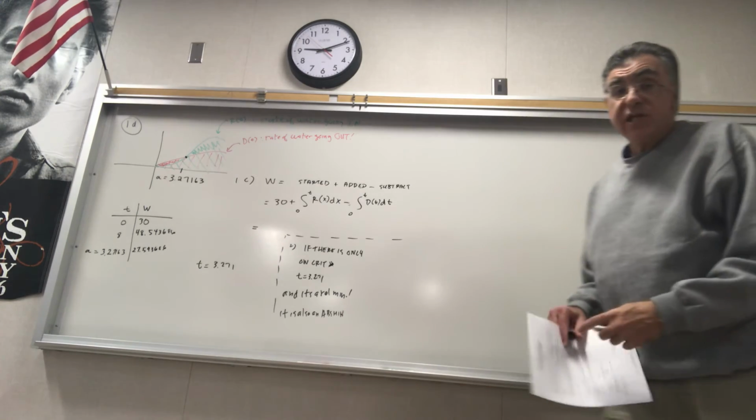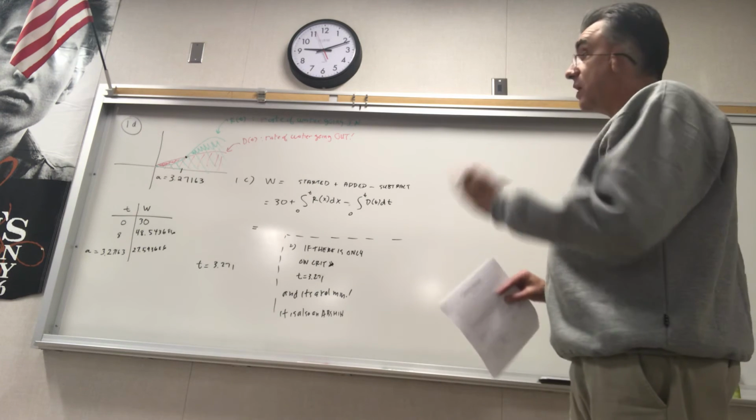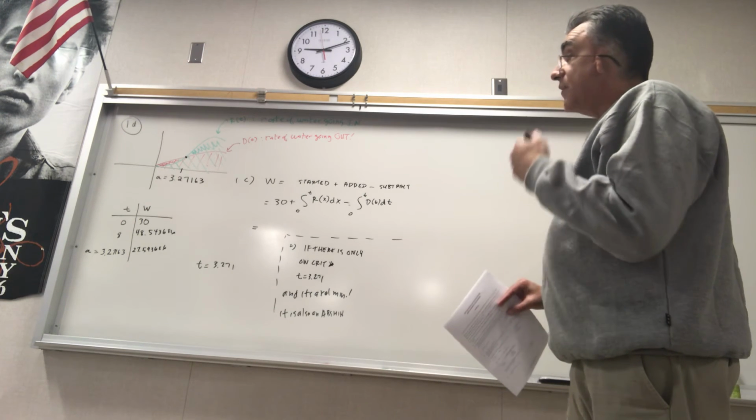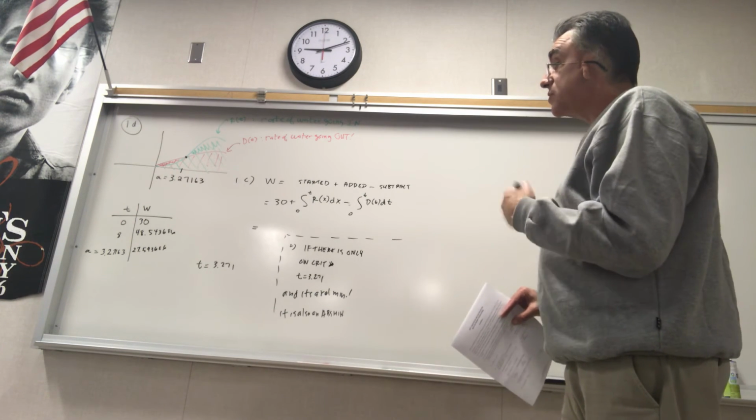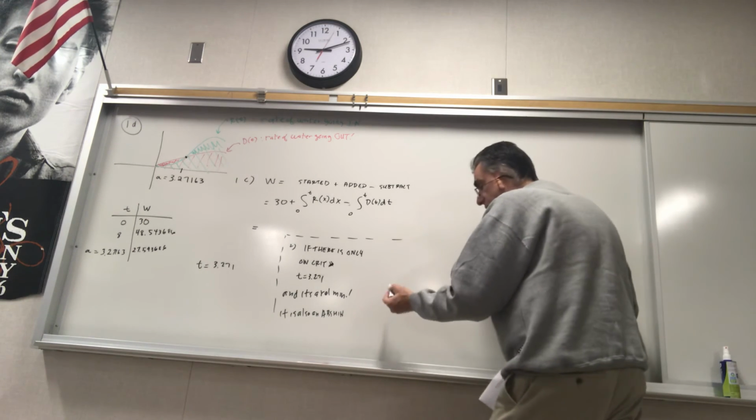That would also be a justification for the answer. There's one critical number, it's a relative min, and if it's a relative min for a critical number, it's also the absolute. If a function, let me just give you the visual on this.